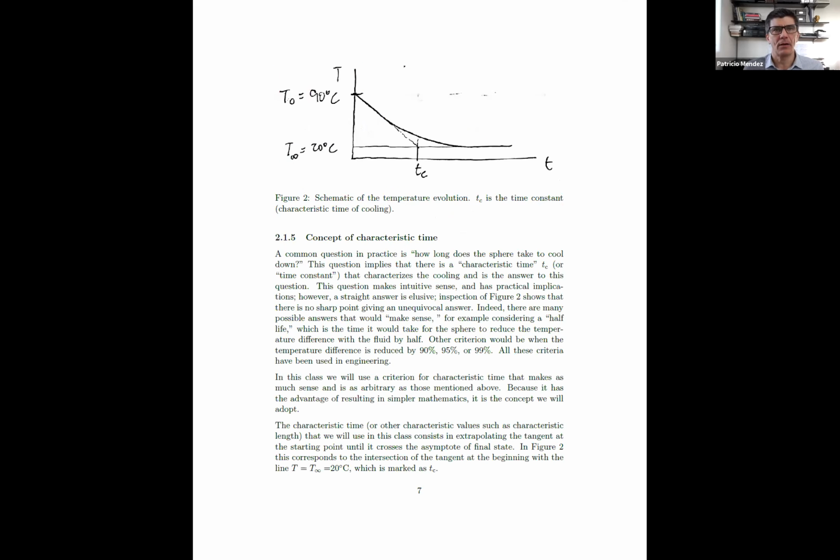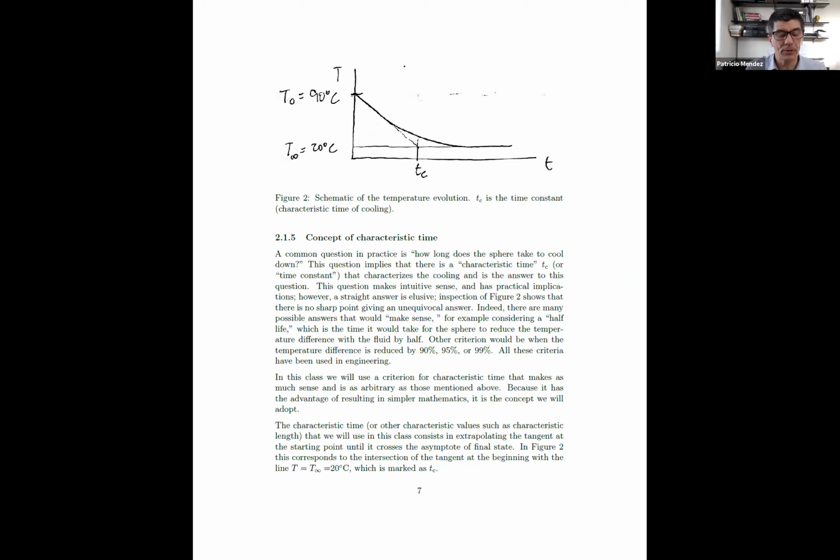We brought up the concept of characteristic time in order to give a number to a curve that doesn't have any sharp point to which to attach a characteristic point. And down the road, when we study the physics of convection, we're going to see we have characteristic distances too, and when we study heat exchangers, we're going to study characteristic length of entry and those things.